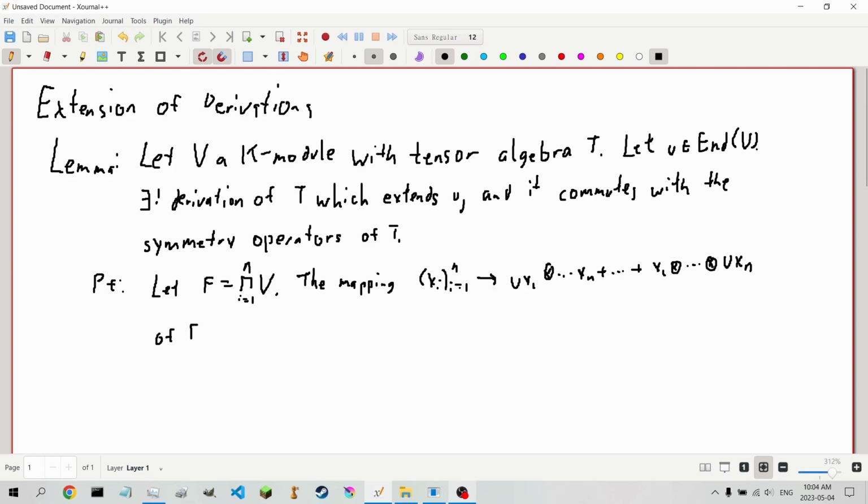This is a map of f, which is the product of n copies of V, into the tensor of n copies of V. And this is, of course, multilinear. It's linear in every argument because, and remember this U, I misspoke, it is not a scalar multiple, it is the image of this x1 under the endomorphism of V.